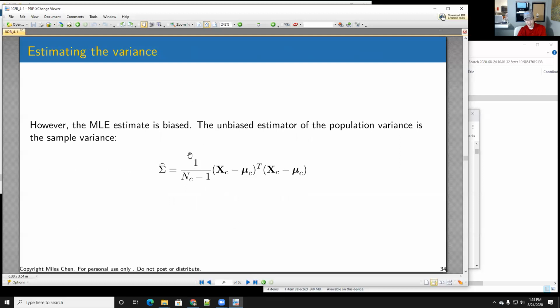The 1 over n produces a biased result because you're using the sample mean to estimate it. So you have to use Bessel's correction, 1 over n minus 1. Anyway, we'll just use the sample variance, okay, which can be found this way.